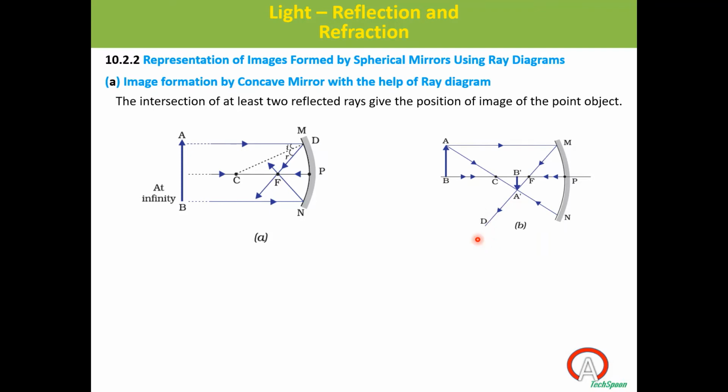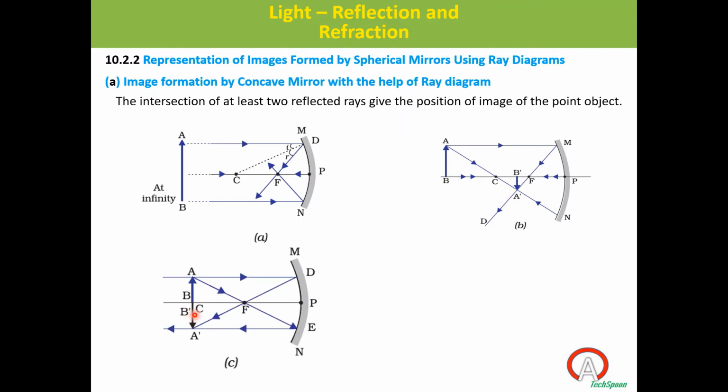Yes, sir. Understood. So the reflected ray intersection should be the top of the image. Here, if it is the top of the image, the bottom or base will be on the principal axis. So you can easily remember, right?